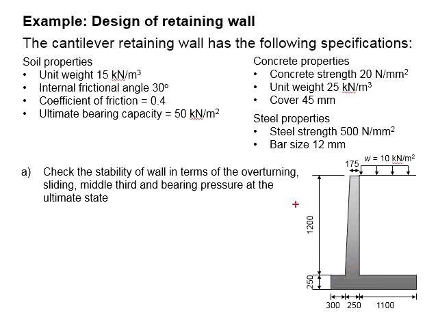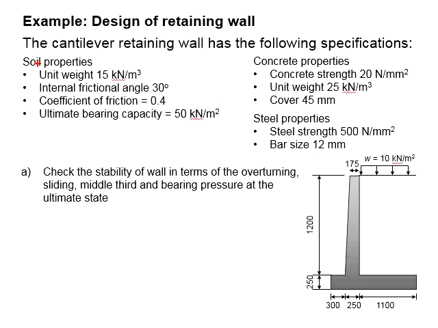The height of the wall is 1.2 meter. A surcharge is applied at 10 kN per meter square. There will be soil backfill acting on the retaining wall, and the properties of the soil are given here.